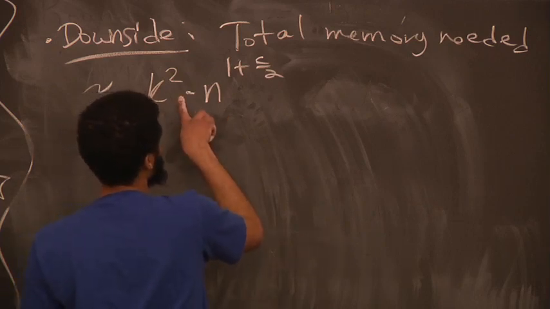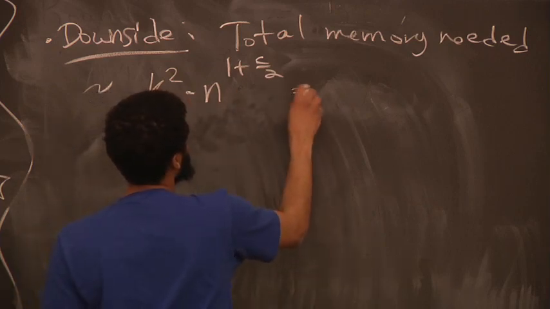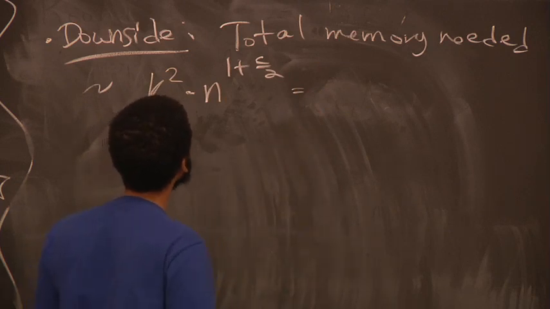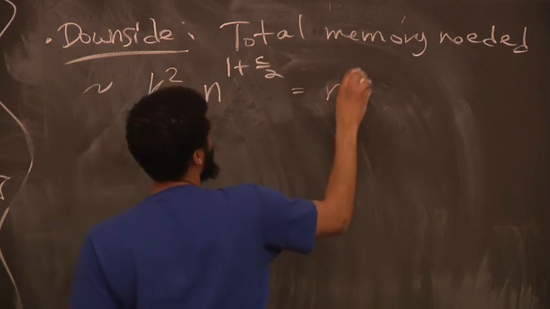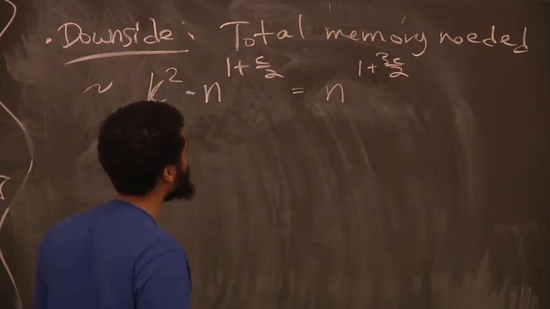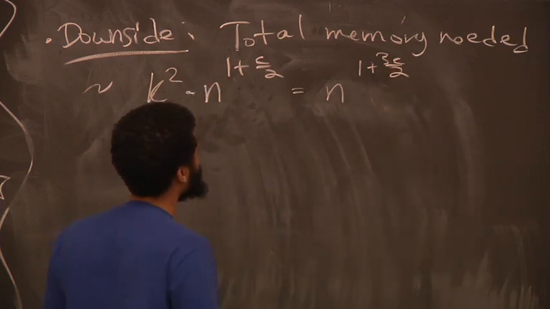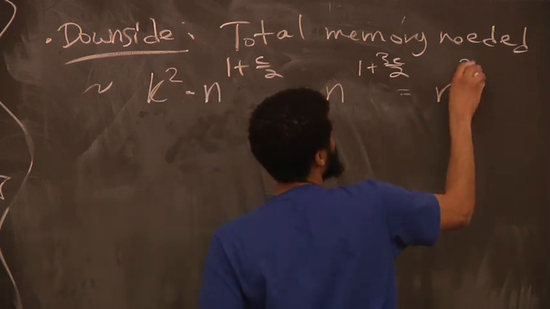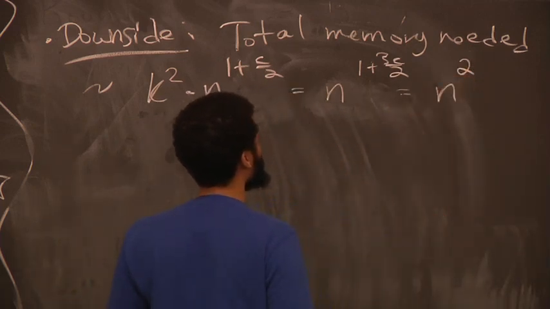k squared is n to the c. So this is equal to something like n to the 1 plus 3c over 2, which is equal to n to the 2 plus, well, what's m?